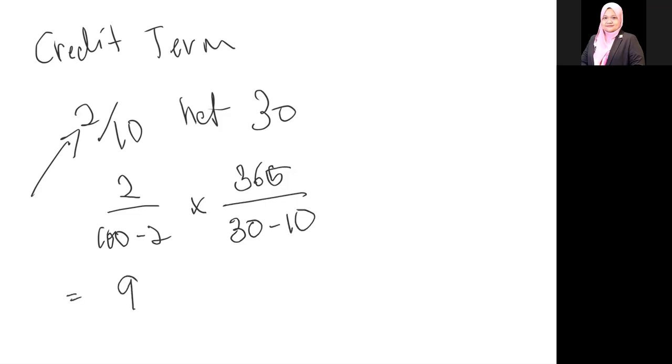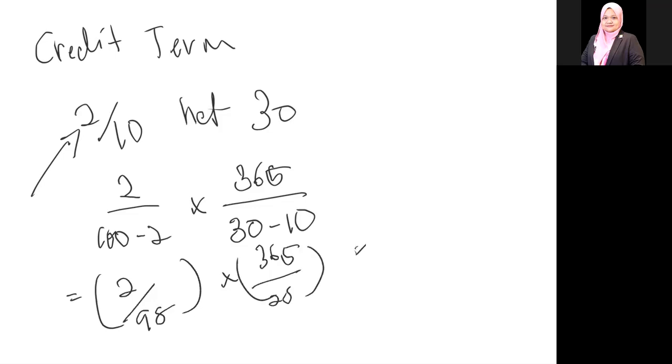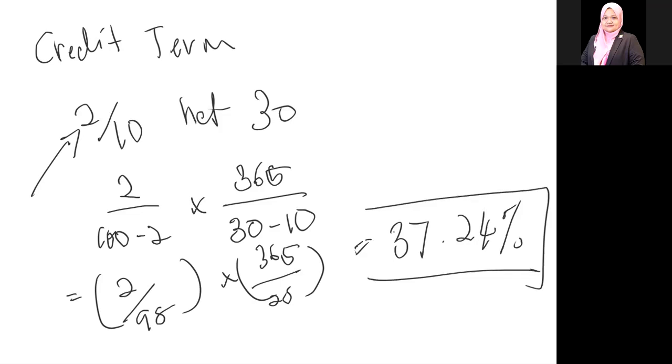So 2 divided by 98, times 365 divided by 20. So the answer is 37.24%. This is the cost that you have to bear if you are not taking up the cash discount.